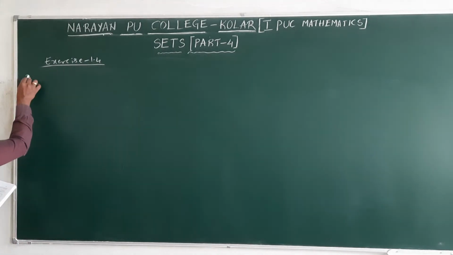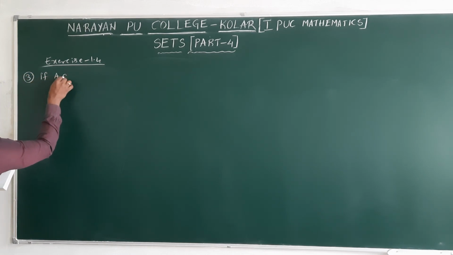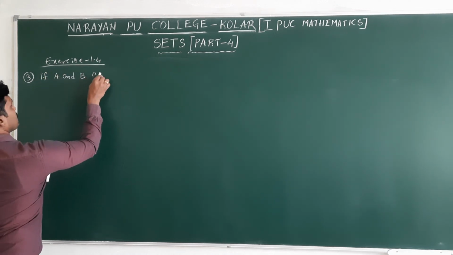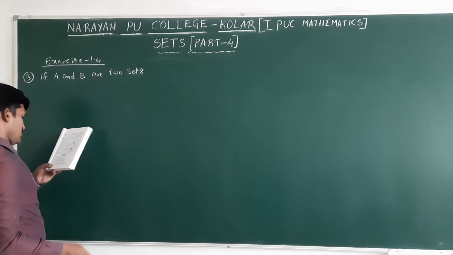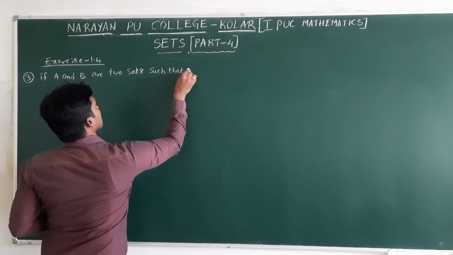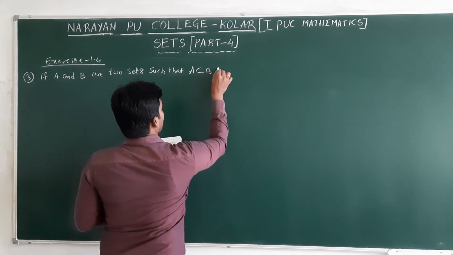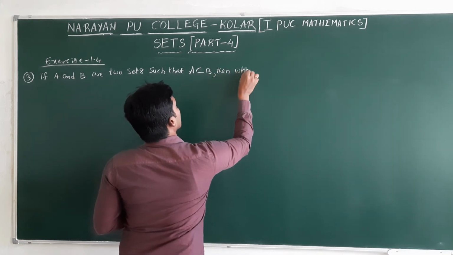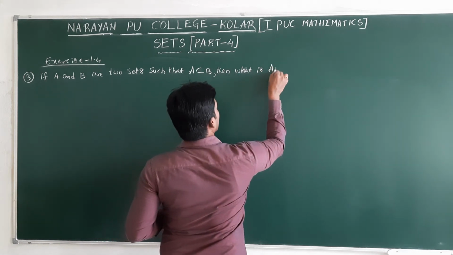Next, the third one. If A and B are two sets such that A is a subset of B, then what is A union B?